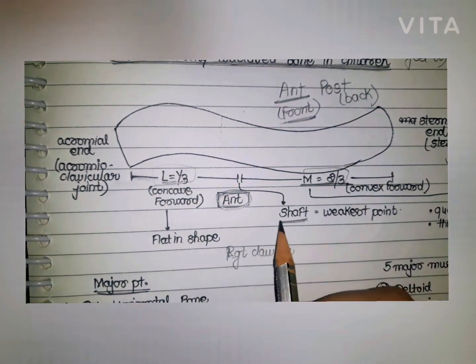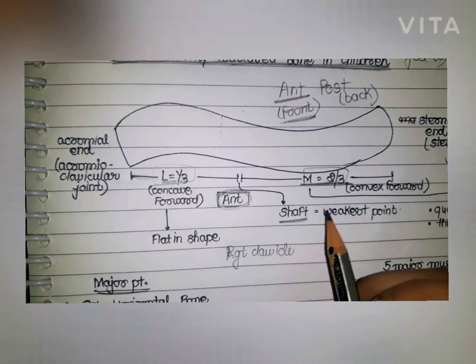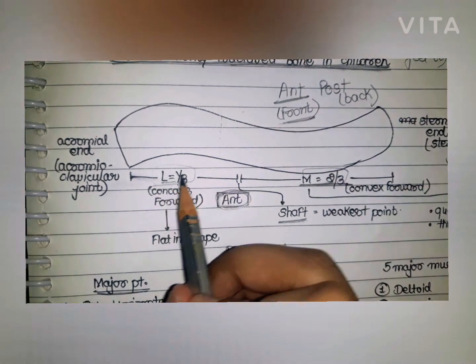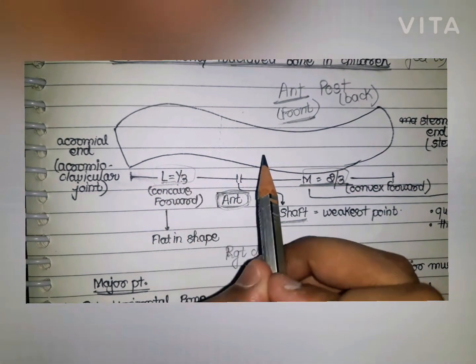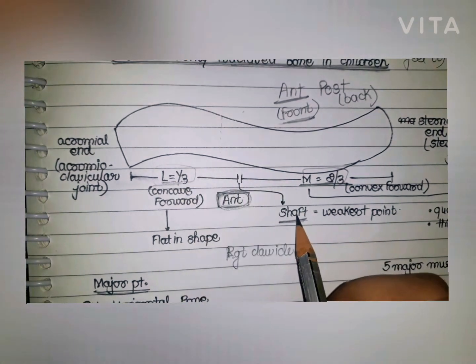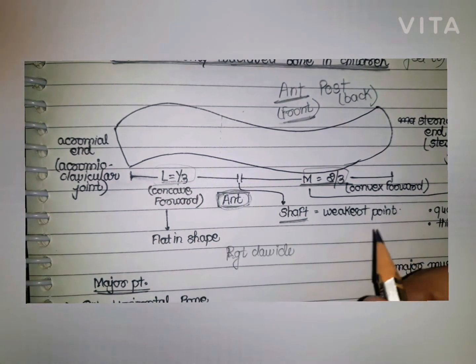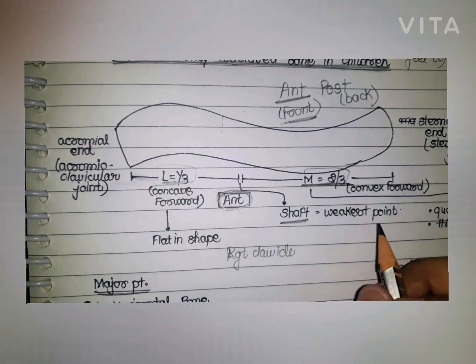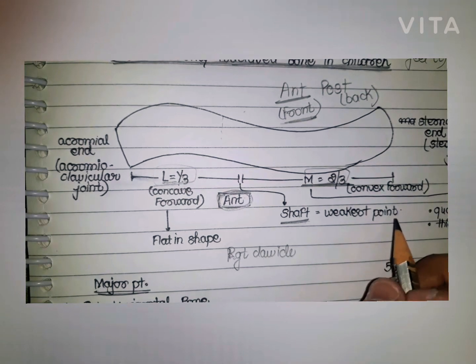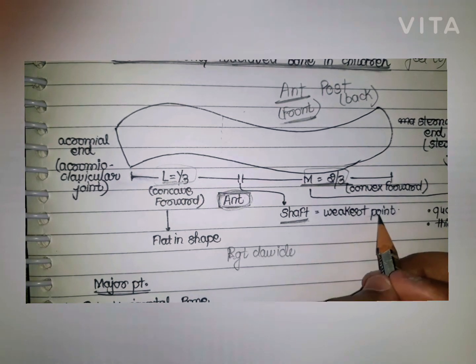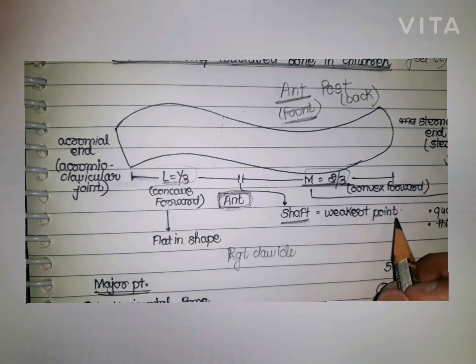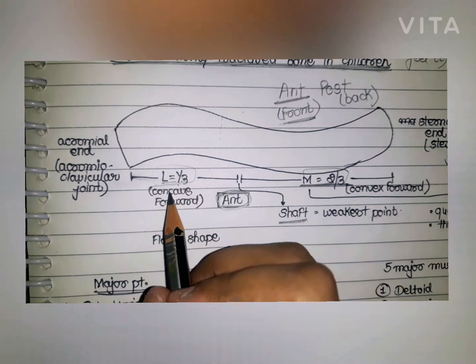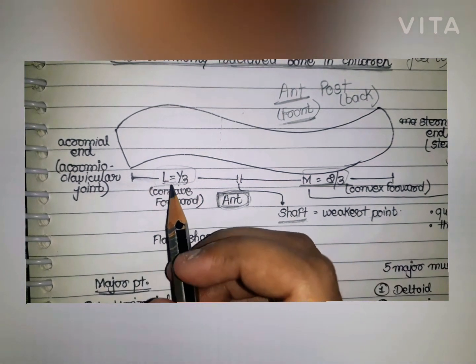Here comes the most important point. The joint between the lateral and the medial part is known as the shaft, which is the weakest part and from where there is maximum chance of this bone to break, and which causes it to be the most commonly fractured bone in children.